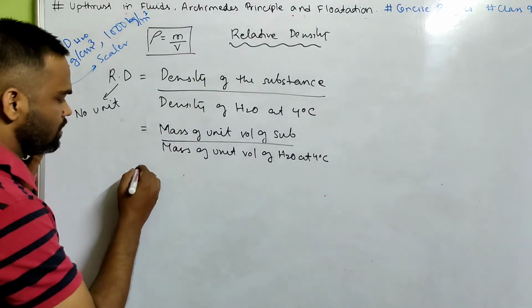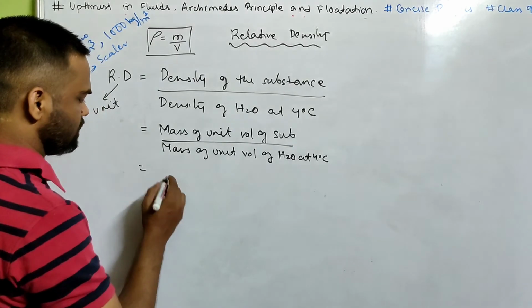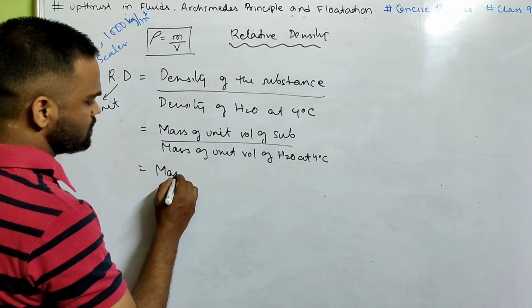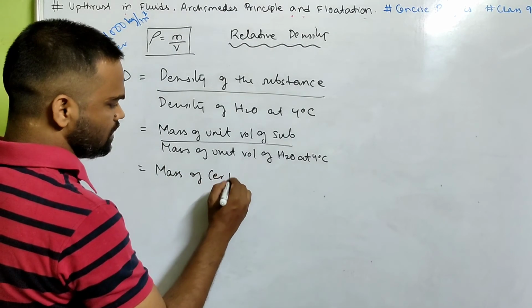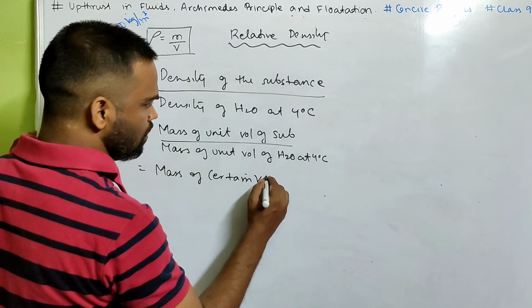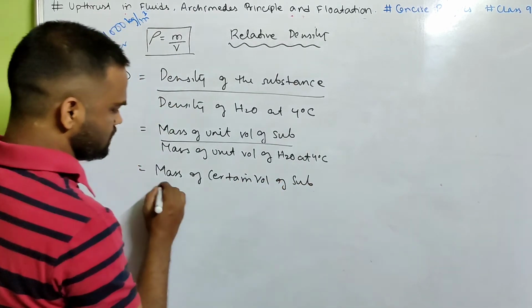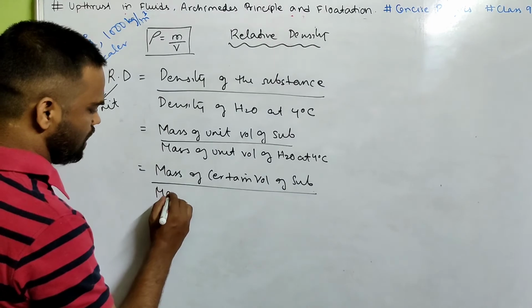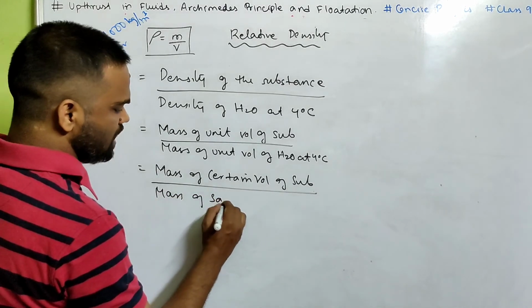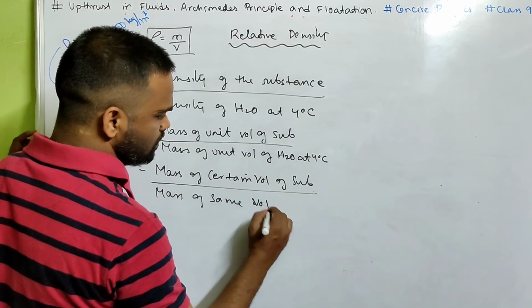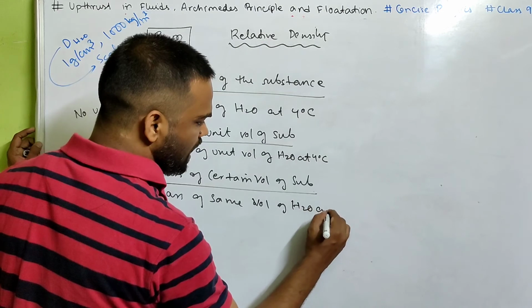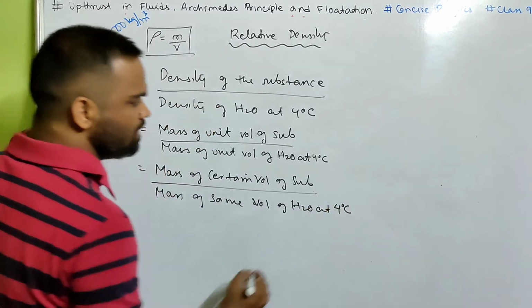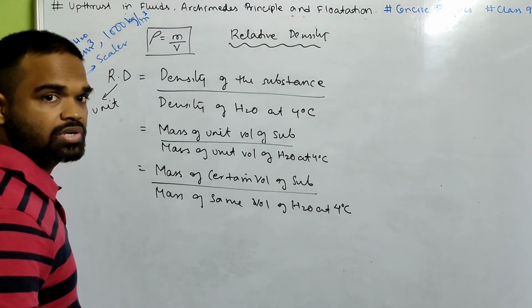Okay. Now this we can write like this also: mass of a certain volume of the substance divided by mass of the same volume of water at 4 degrees centigrade. Yes or no?